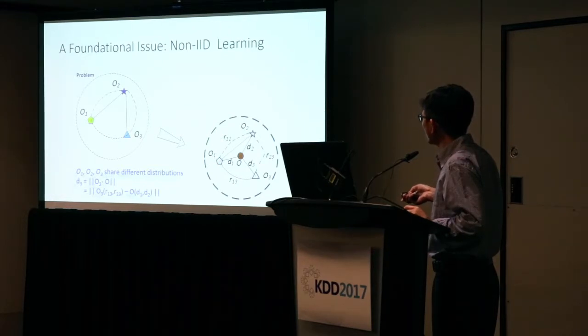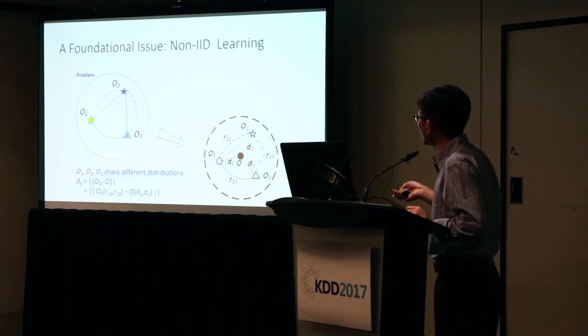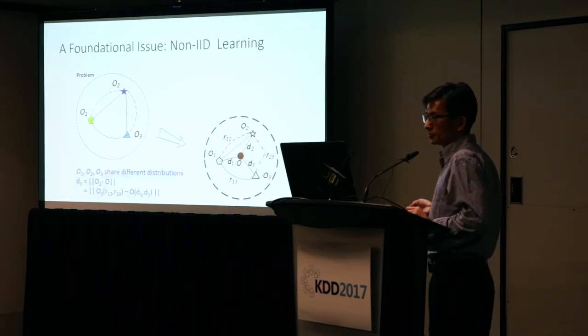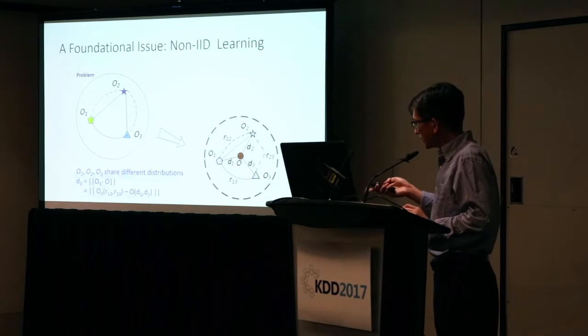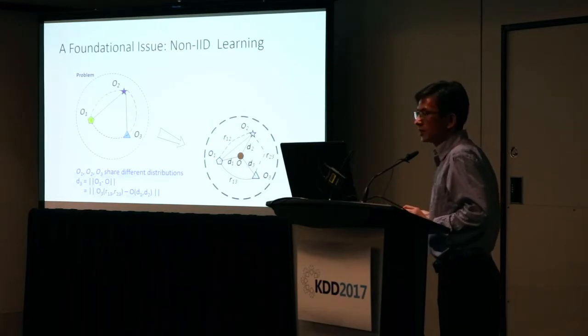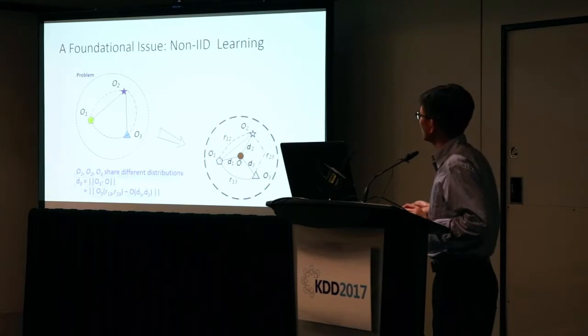Then the relationship between the objects, and the relationship between the object and the baseline, the base or center or whatever, needs to be considered. Then this will be the objective function here. When we calculate D3, we have to consider that O3 is affected by O1 and O2, so we get R13, R23, right? And similarly the base O will be affected by O1, O2, that is D1, D2, right? If that makes sense. So that's the key idea that drives all the design.